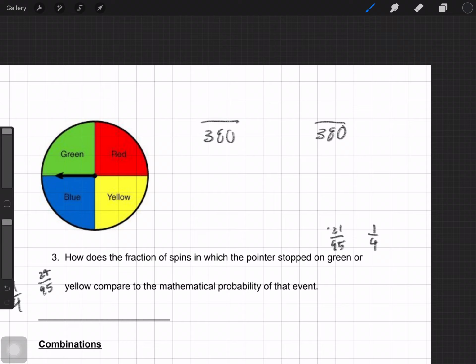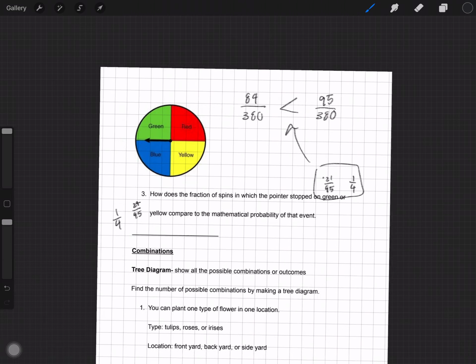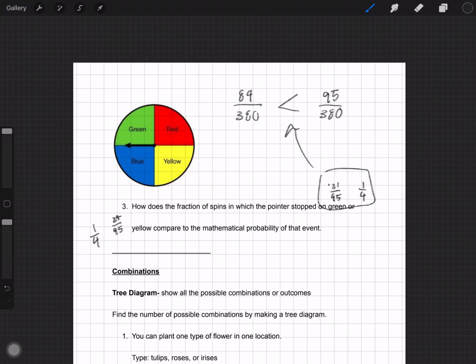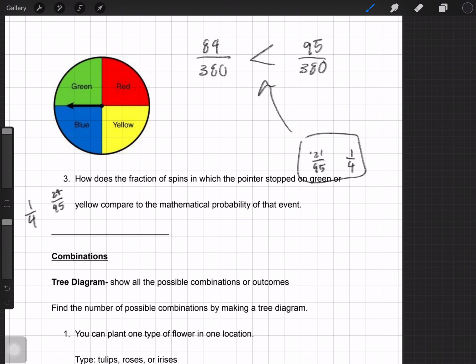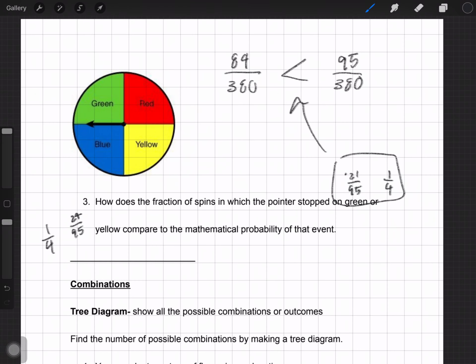Now for 21, you want to multiply that by 4, which becomes 84, and you want to multiply 1 by 95. So in this case, 95 is greater than 84, so we're going to look at the second one, which, well, if you think about it, if 21 out of 95 is already greater, then 24, which is even bigger, is obviously going to be greater as well. So how they compare to the mathematical probability is that they are both greater than.